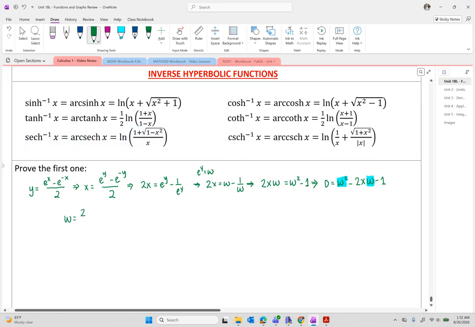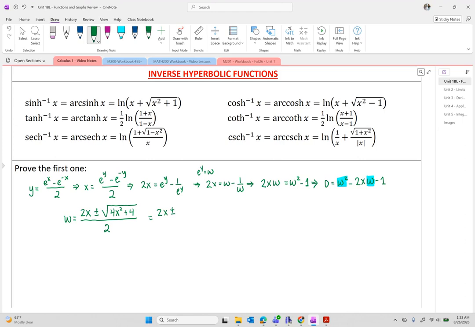The quadratic formula says that the solution will be negative b plus or minus the square root of b squared, 4x squared, minus 4ac, 4 times 1 times negative 1 is plus 4, divided by 2a, which is 2. Here I'm going to factor out the 4 in the square root.